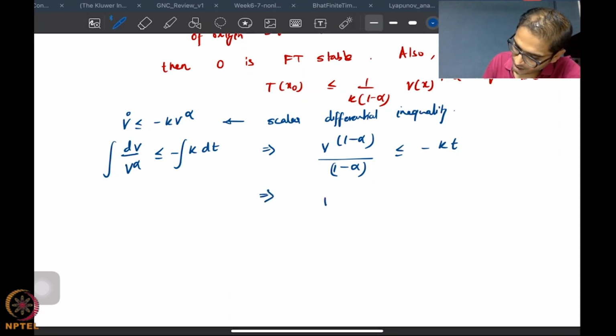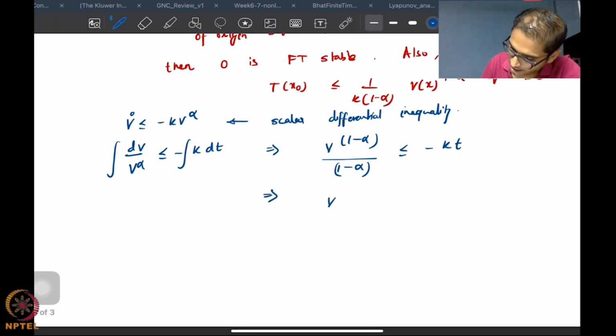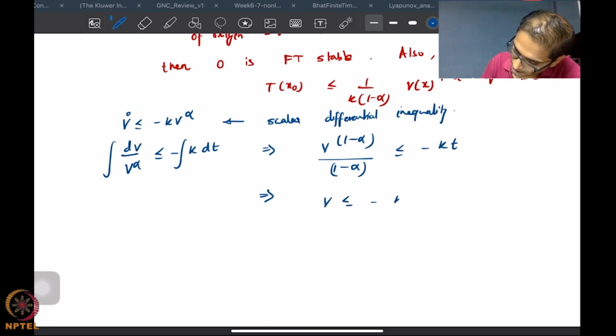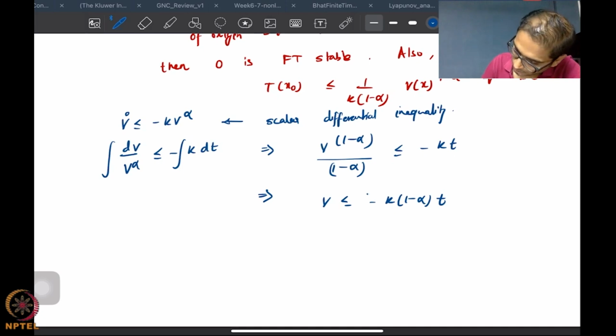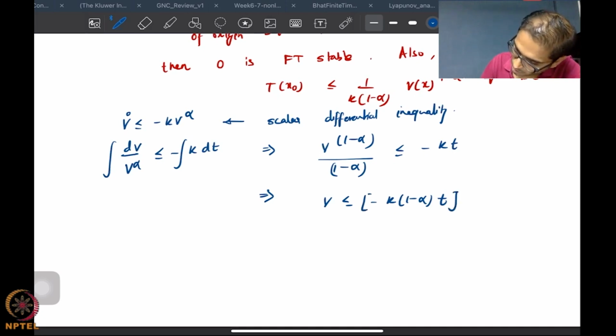I'm going to get V is less than or equal to minus k times 1 minus alpha t, and this to the power 1 by 1 minus alpha.